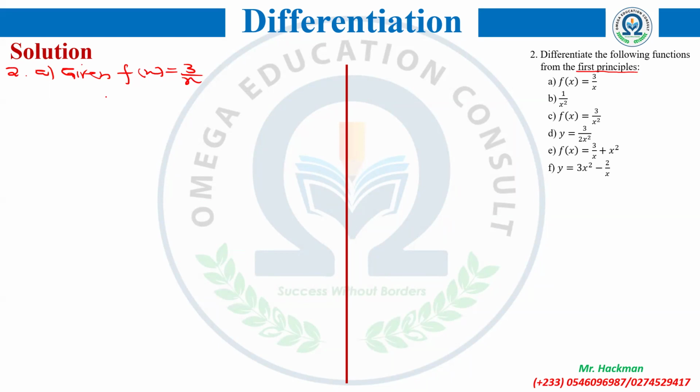Now what do we have? Here we know we have to quote the first principle, and I've told you it's not named after anyone, so you can go ahead and quote it.